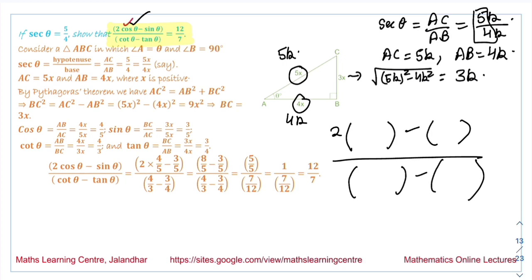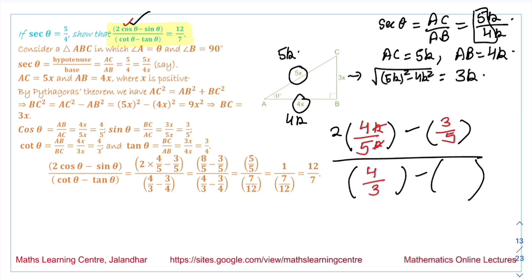It is base over hypotenuse, so it is 4 over 5. The k's get cancelled. Then it is minus sin theta. Sin theta is 3 over 5. Then the next value is cot theta. Cot theta is 4 over 3.